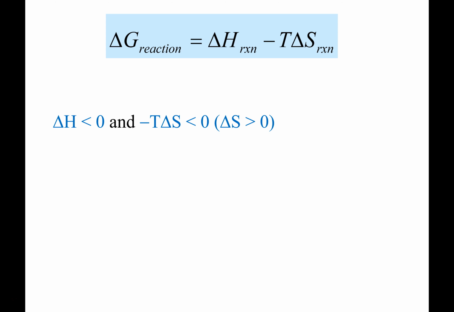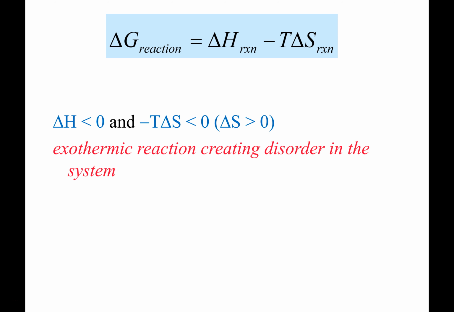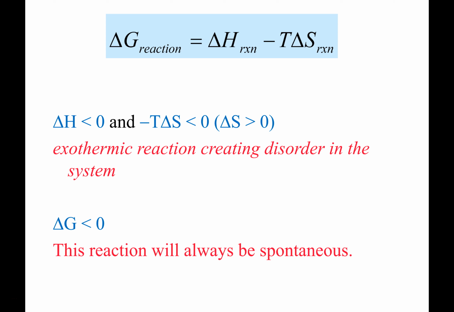Notice that related to your delta S being positive, this term right here, negative T delta S, is actually going to be negative. Does that make sense? So in this situation, you can't lose. Your delta G's got to be negative. If delta G is negative, it's spontaneous.